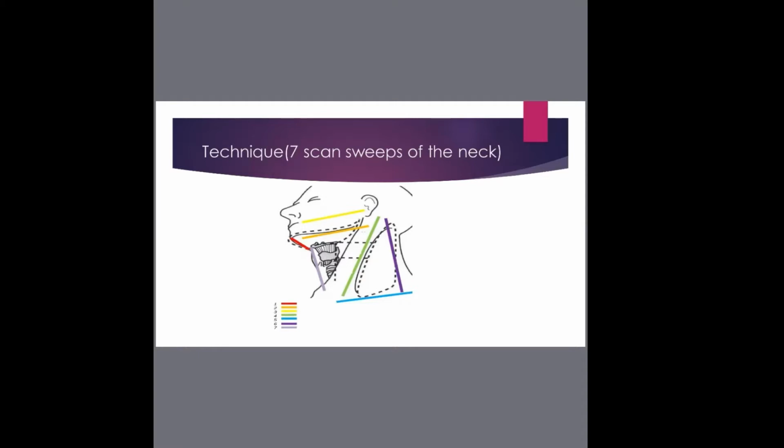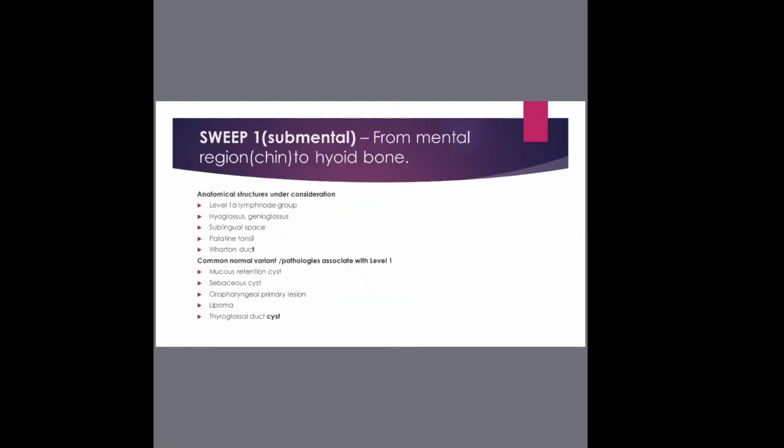Because level 1 lymph nodes drain everything around the dental area. So it is important for you to know the reason for certain reactions from certain lymph nodes. That can guide you into knowing exactly what that case might be presenting.